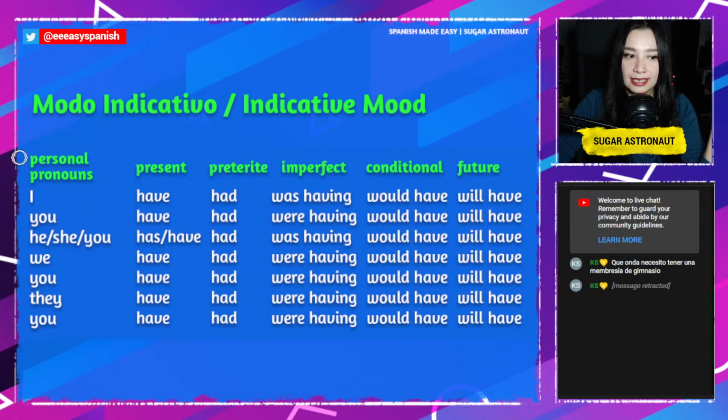Personal pronouns in Spanish is pronombres personales. Now, I is yo. Remember, that's pretty basic.